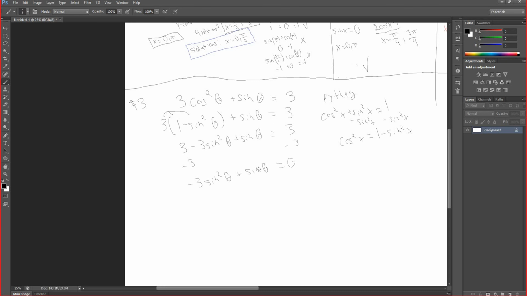And now all I need to do is see if there's a factor, which there is. This is essentially x squared, so minus 3x squared plus x. So really I have a sine in common. So I actually have sine of theta times minus 3 sine of theta, not squared, plus 1, equal to 0.